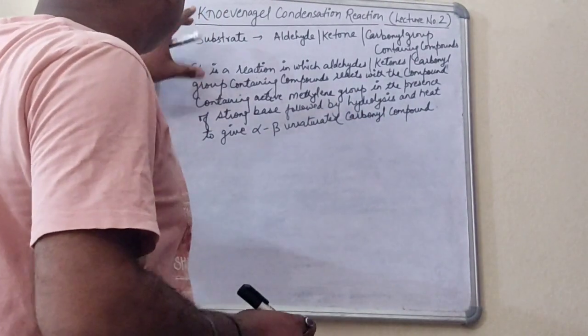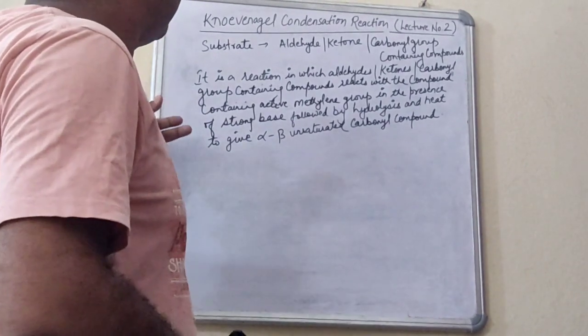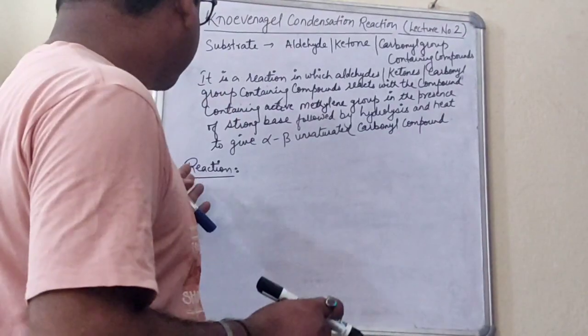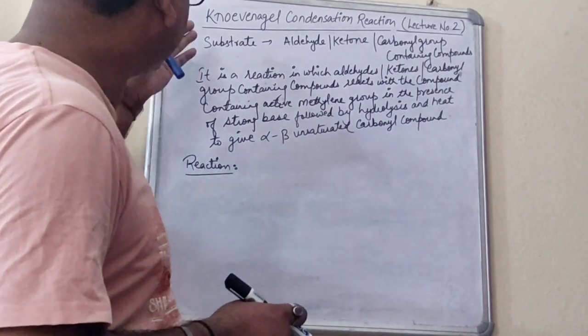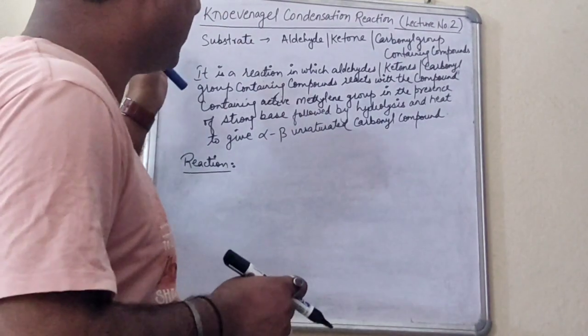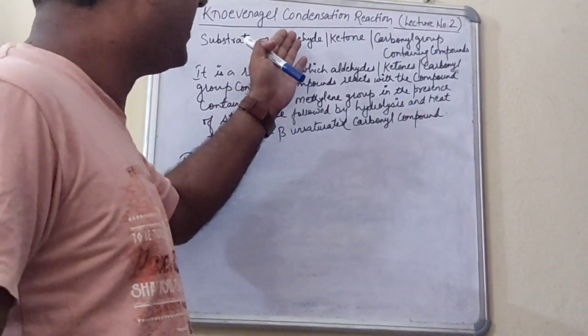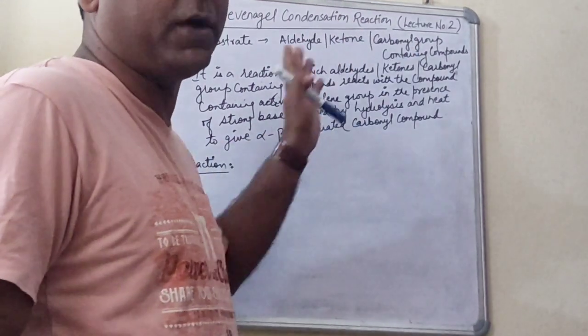So this is the Knoevenagel condensation reaction, student. Now before coming to the reaction, let us summarize the substrate needed for this reaction: you can take any aldehyde, any ketone or any carbonyl group containing compounds, right?